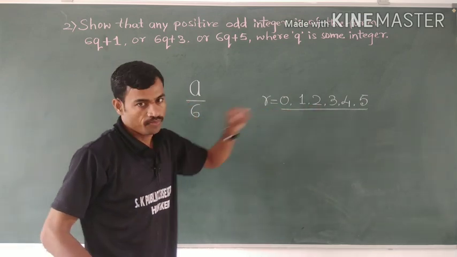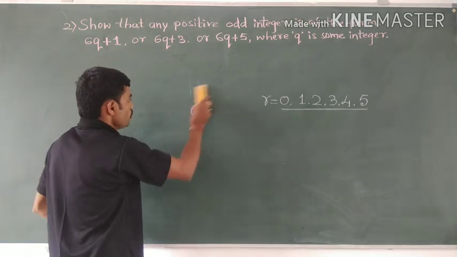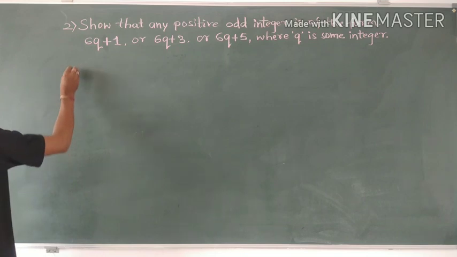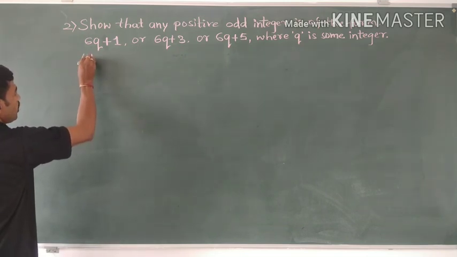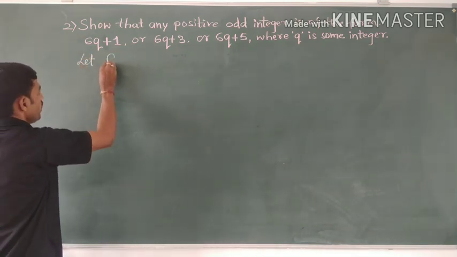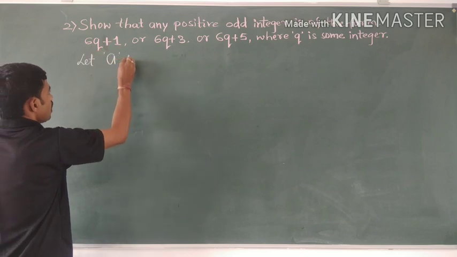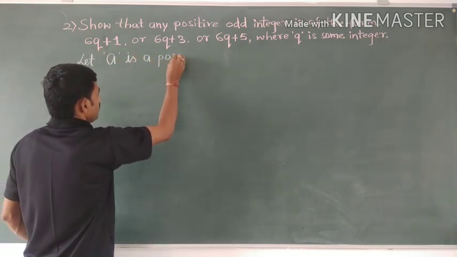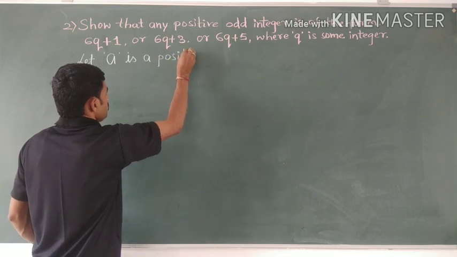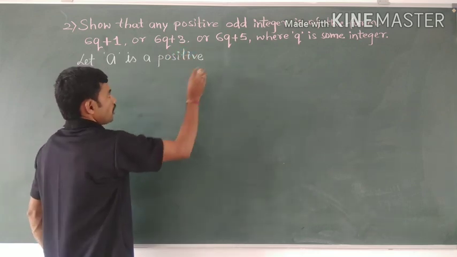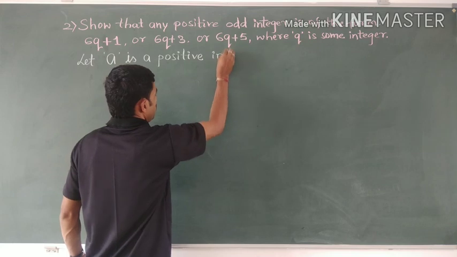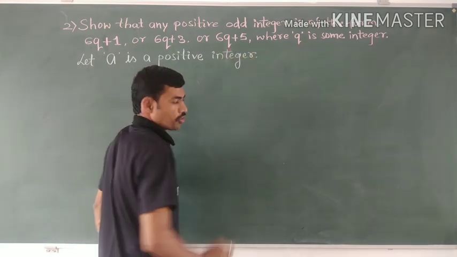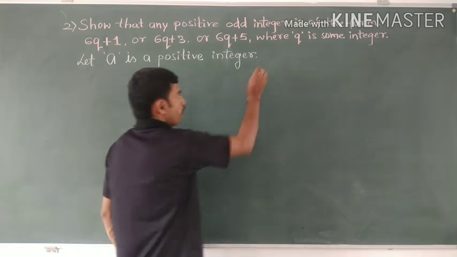These are the possible remainders. So first, let a be a positive integer.